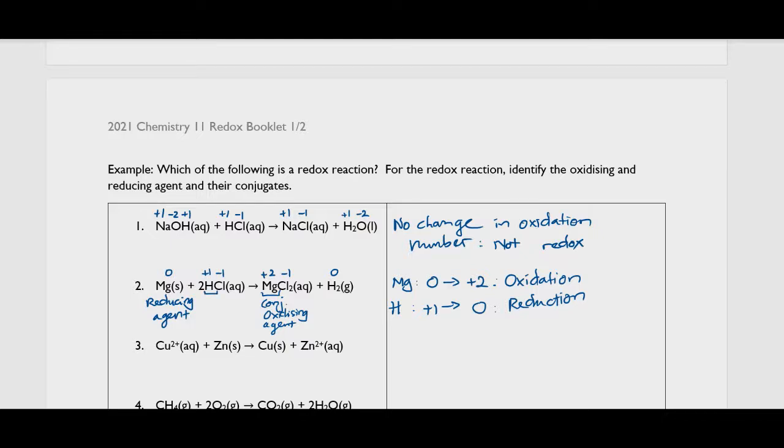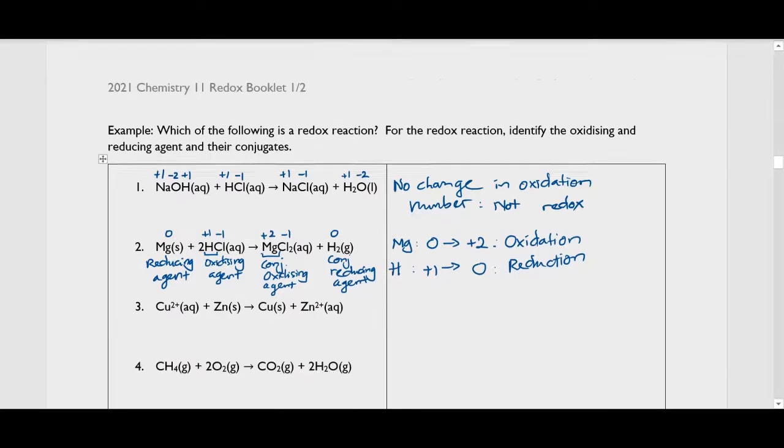The hydrogen in HCl is the oxidizing agent, so H2 is going to be the conjugate reducing agent of H+. Okay, so that's how you would find this out. If there is an increase in oxidation number, then the substance has undergone oxidation and the substance itself is a reducing agent. If there is a decrease in oxidation number, the substance has undergone reduction and the substance is an oxidizing agent.